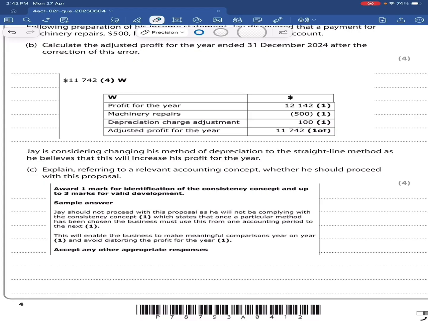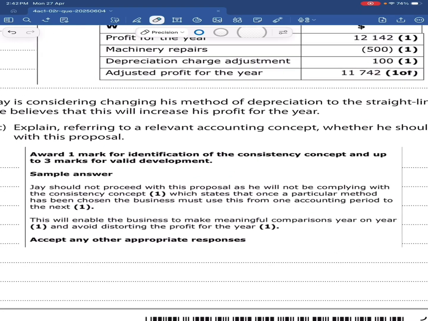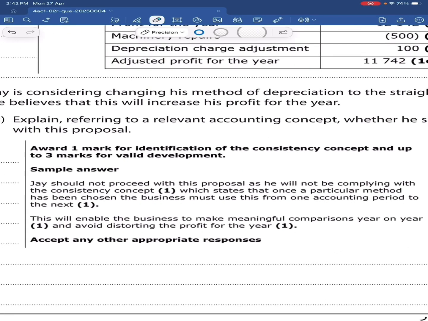Explain referring to a relevant accounting concept whether he should proceed with the proposal. Now, he's planning to change from reducing line to straight line method. Is it viable? Is it doable? So explain this. So this is a sample answer.